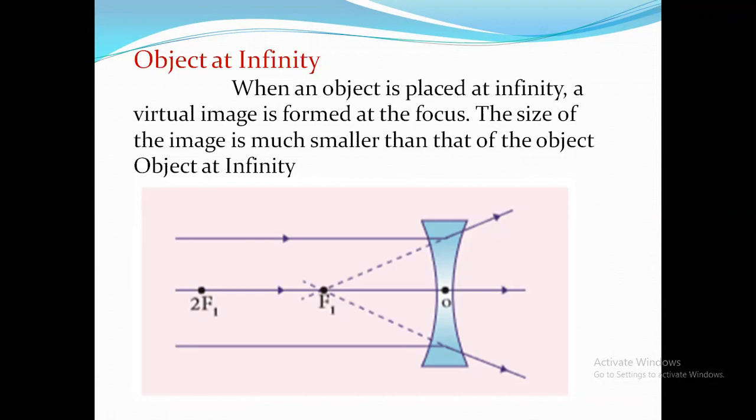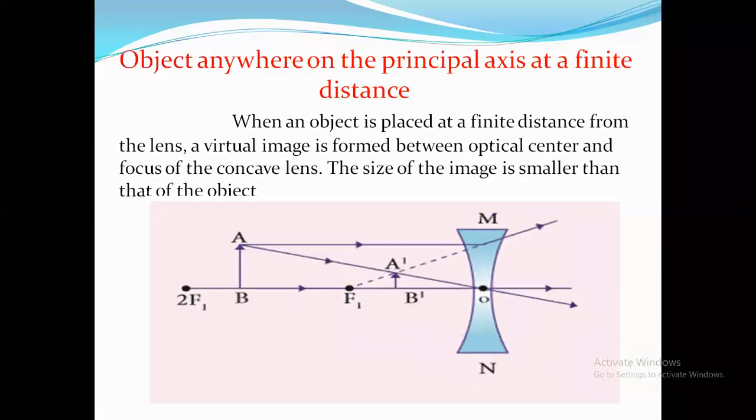The size of the image is much smaller than that of the object. Here also two rays are refracted by the refracting surface and diverge as if from the point F1. This is the principal focus.